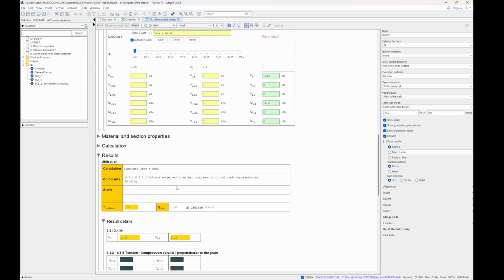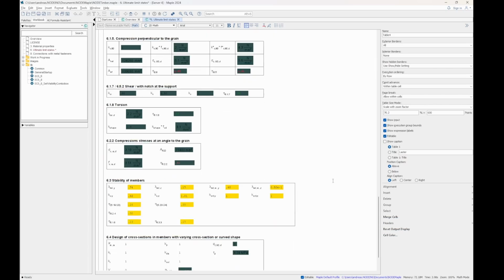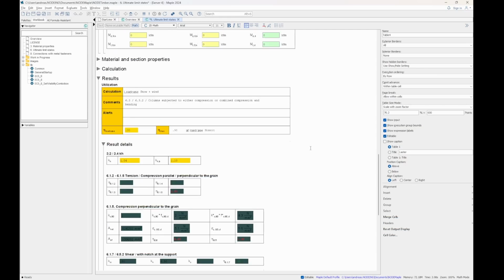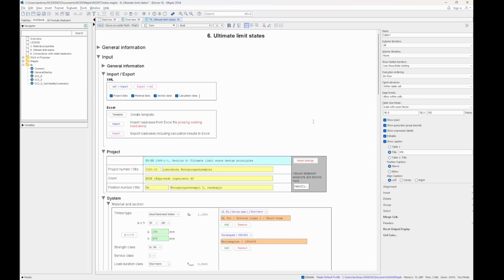In this case we have the combination formula for columns subjected to either compression or combined compression and bending. Again, you have the stability member factors and the combined results for each of those calculations. So that was this example, and we are going to continue with the next example in our next session.